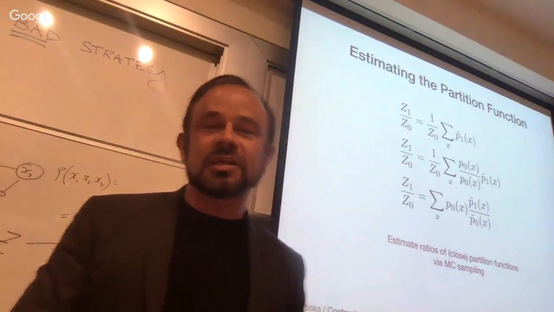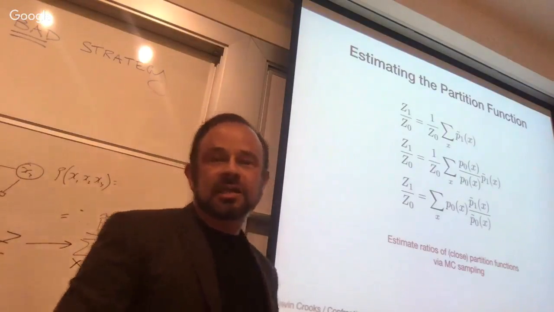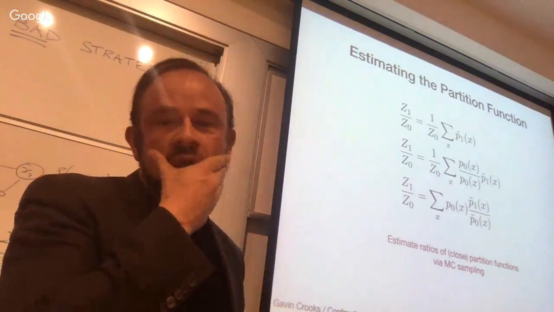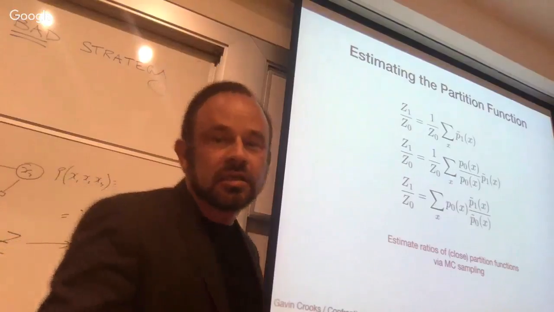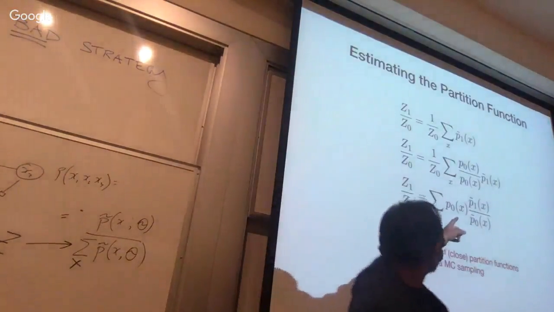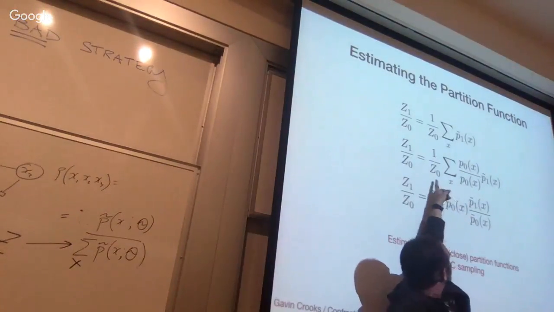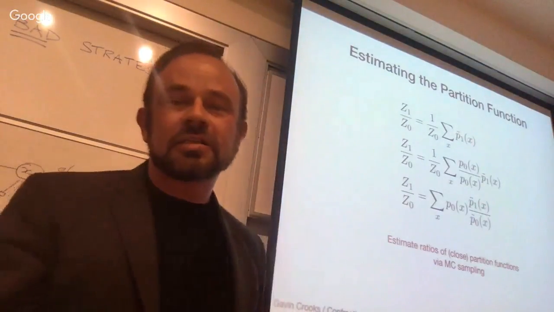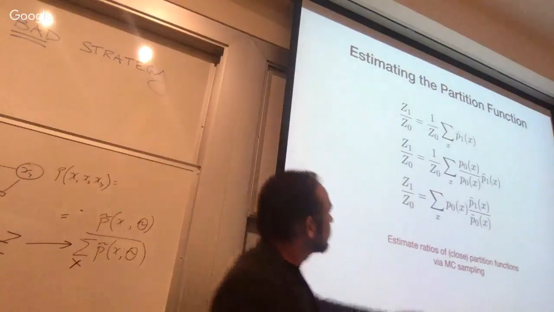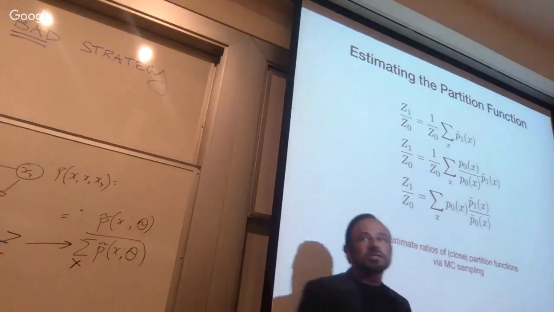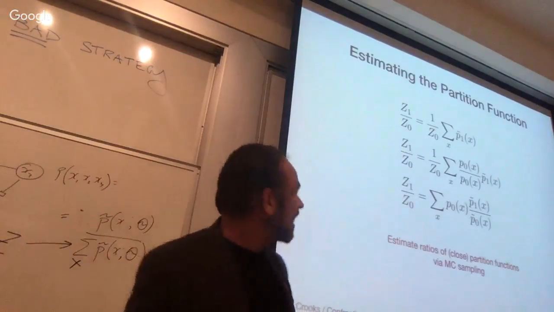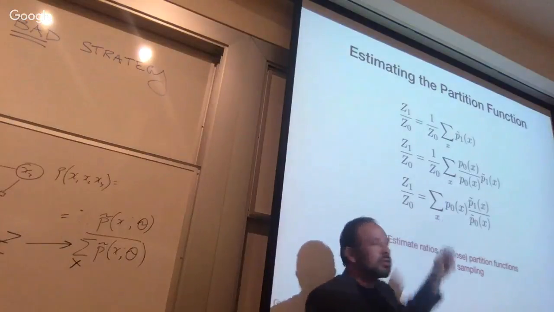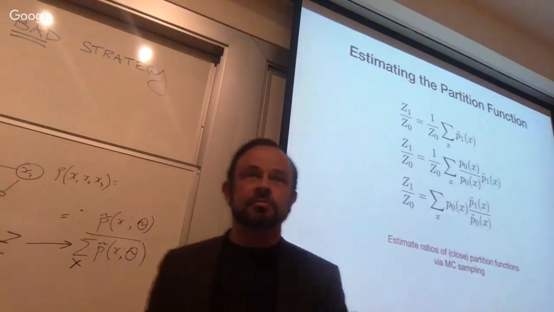OK. Doesn't look like you did anything. Well, OK. The trick is I then take this bottom P0 and combine it with this Z0. It's going to cancel out the Z0 that's in that P0. So now I get the ratio of the unnormalized probabilities averaged over one of the distributions.